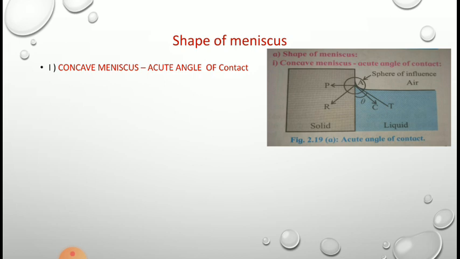The molecule experiences both cohesive as well as adhesive forces. In this case, since the wall is vertical, the net adhesive force, which is represented by vector AP, acting on molecule A, is horizontal.